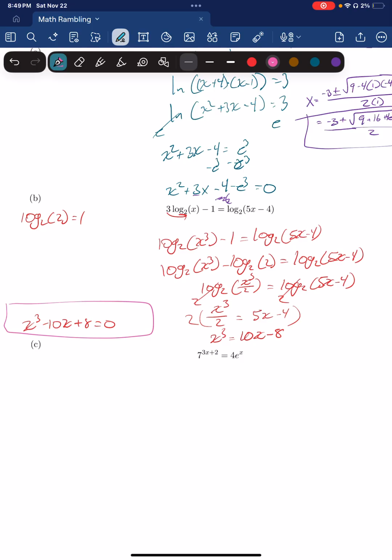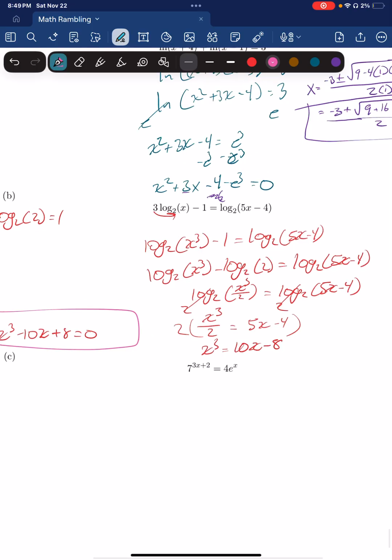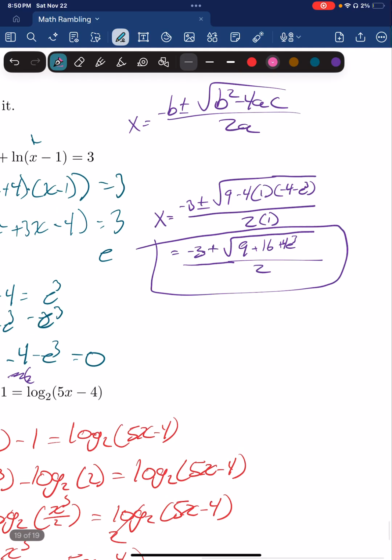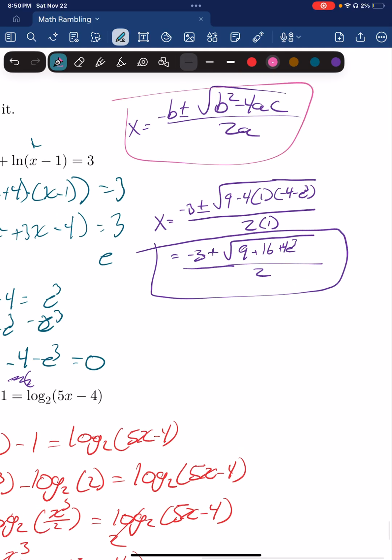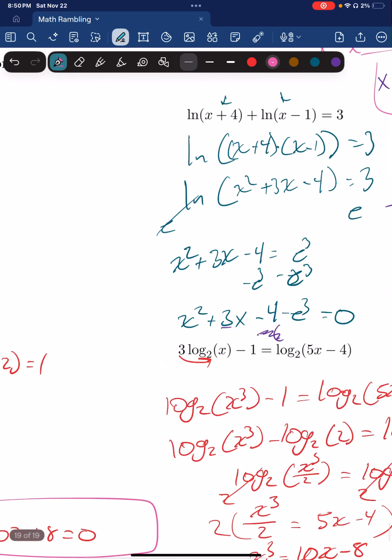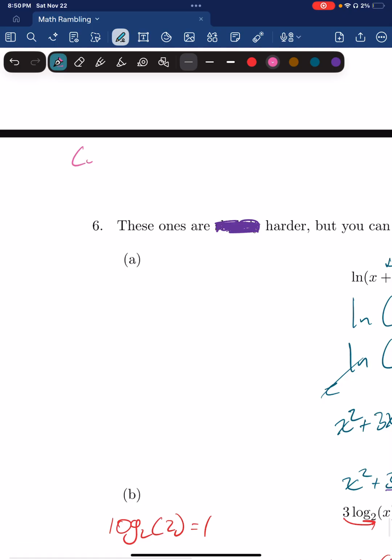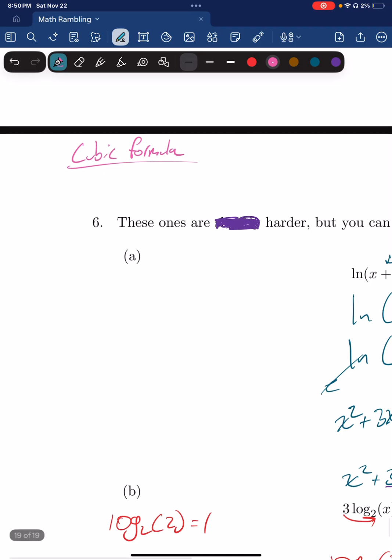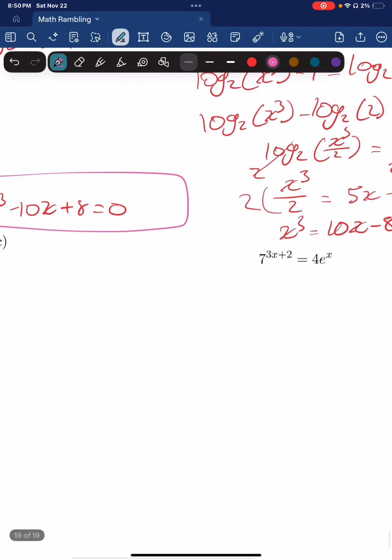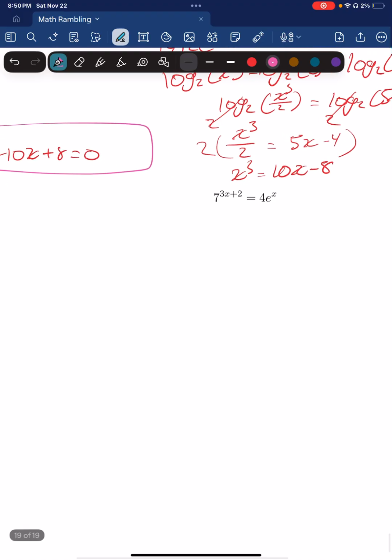If you wanted to go farther than this, there is a formula like the quadratic formula, but for things with x cubed rather than x squared. So if you wanted to solve this out, just look up the cubic formula and plug in your numbers, and it'll give you the right numbers. But this is as far as I'm going for now.